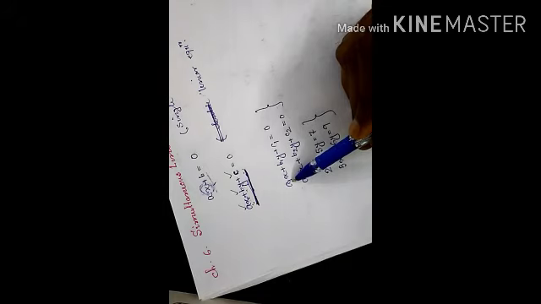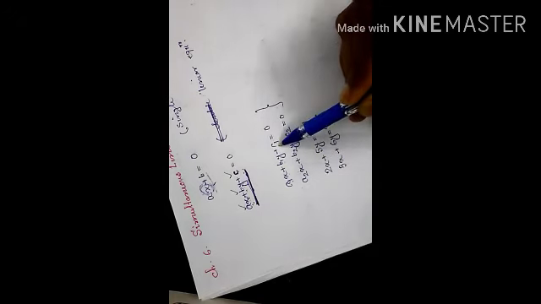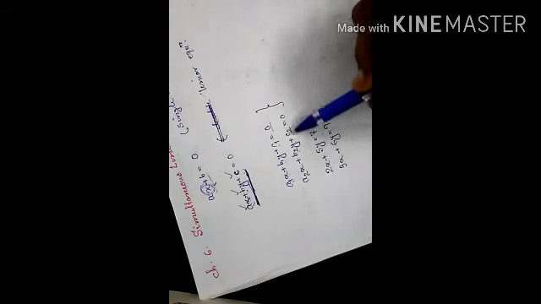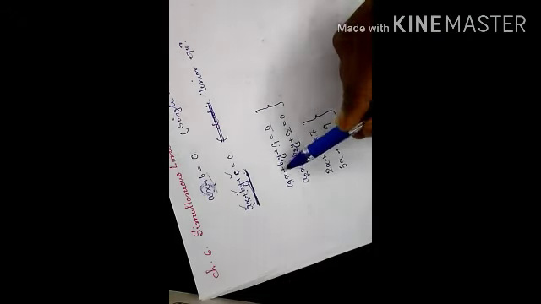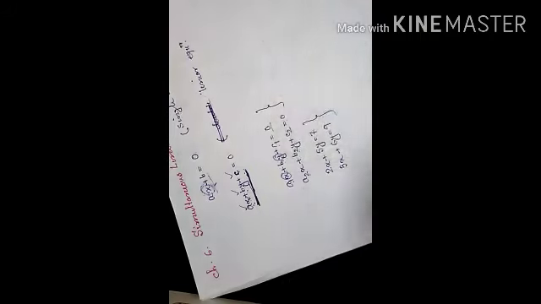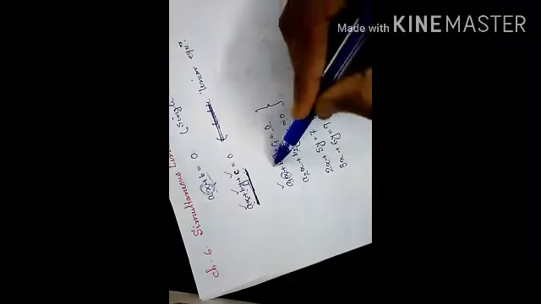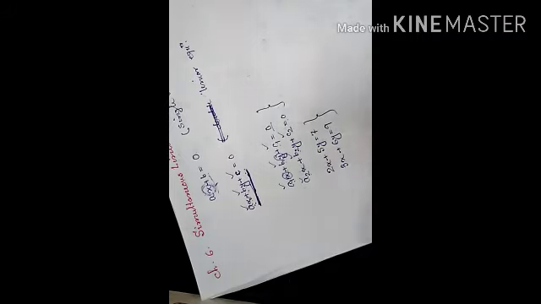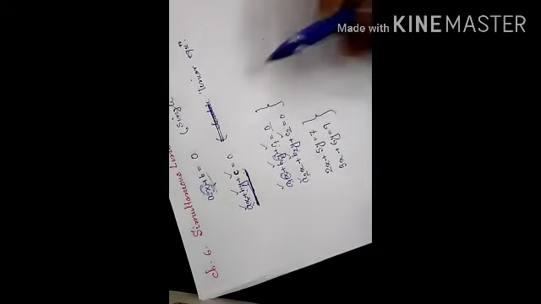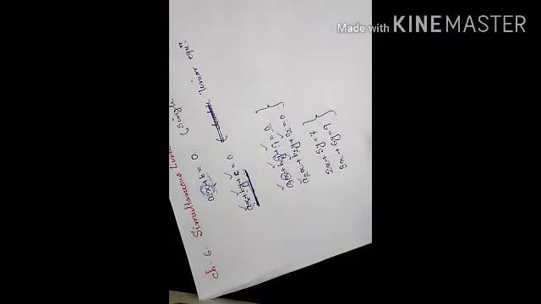First one is a1x plus b1y plus c1 equal to 0, and a2x plus b2y plus c2 equal to 0. Here x and y are the variables, and a1, b1, c1, a2, b2, c2 are called the constants. Now if we have two linear equations simultaneously, then it is called the simultaneous linear equation.